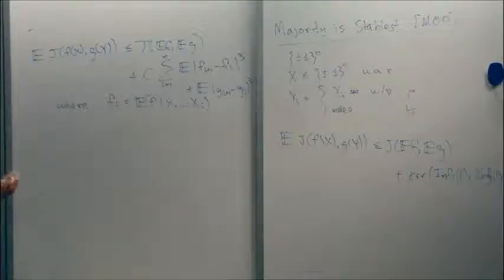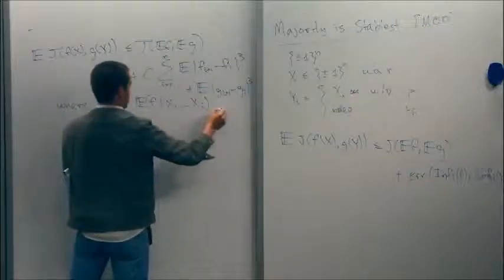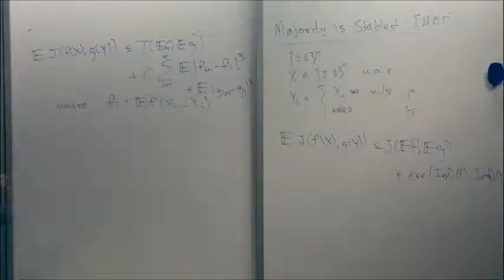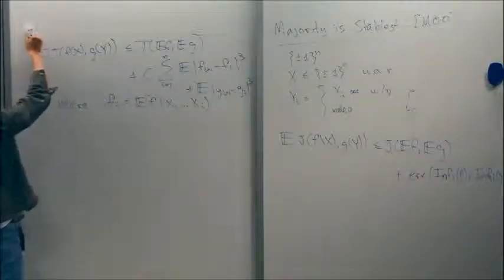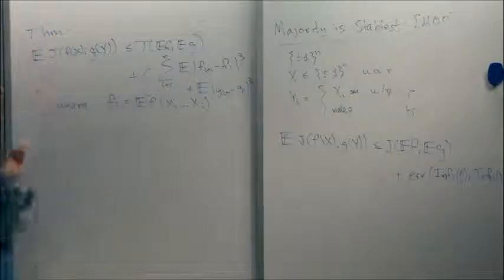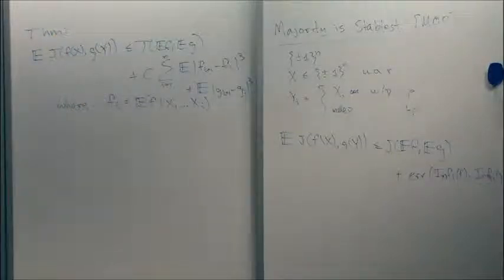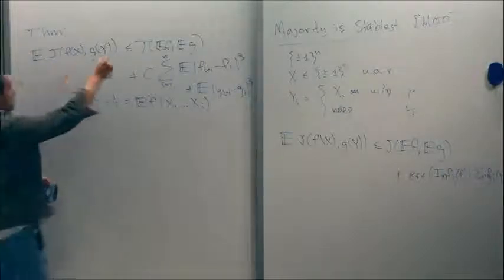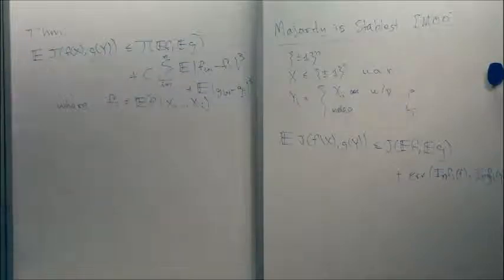OK, so actually let me, I'm going to call this a theorem. This is something that's true for any functions f and g on the cube, that you have this sort of Gaussian noise sensitivity bound with an error term. OK, and now two remarks.